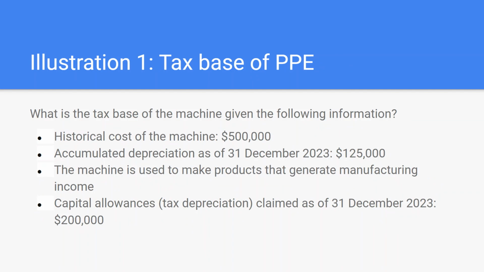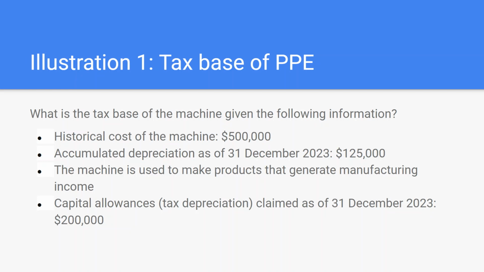Let me just explain something before I move on. So the way tax works, in many countries, is that when you have an asset, for accounting reasons, you depreciate an asset. But the tax authorities want you to disregard the accounting depreciation. And in many cases, the accounting depreciation is replaced with the tax depreciation, which is usually called capital allowances.